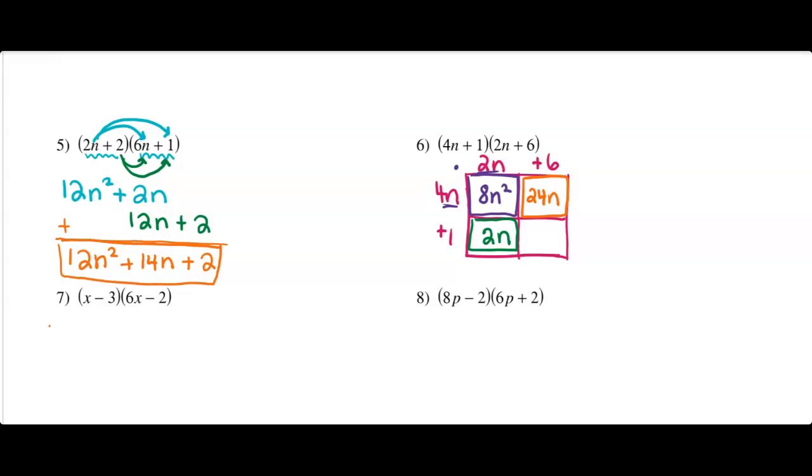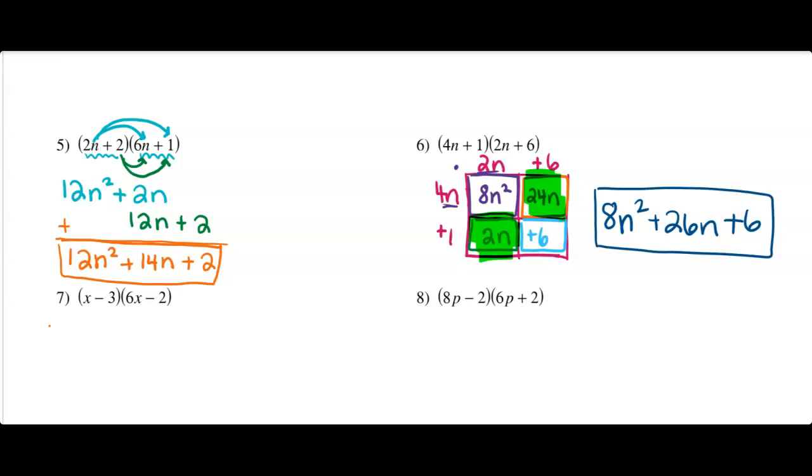And this box is 1 by 6, so it's just 6, and it is positive. You can then see that we have like terms here and here. So we can combine those to give us 8n squared plus 26n plus 6.